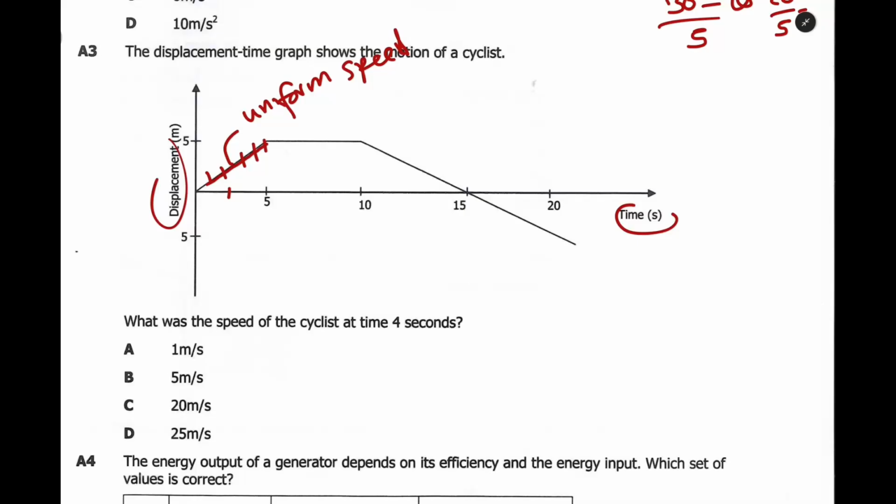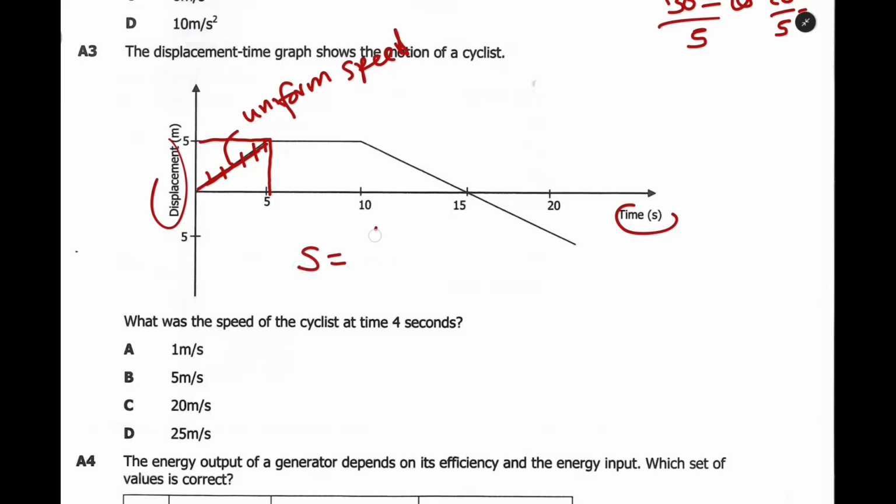We do not have 4 seconds at any point here where we can visibly see its distance, but one thing you should know is that along this line there is uniform speed. So if you find it at any point, still be the same. So we are going to use this that is given, which is 5 displacement and time 5.